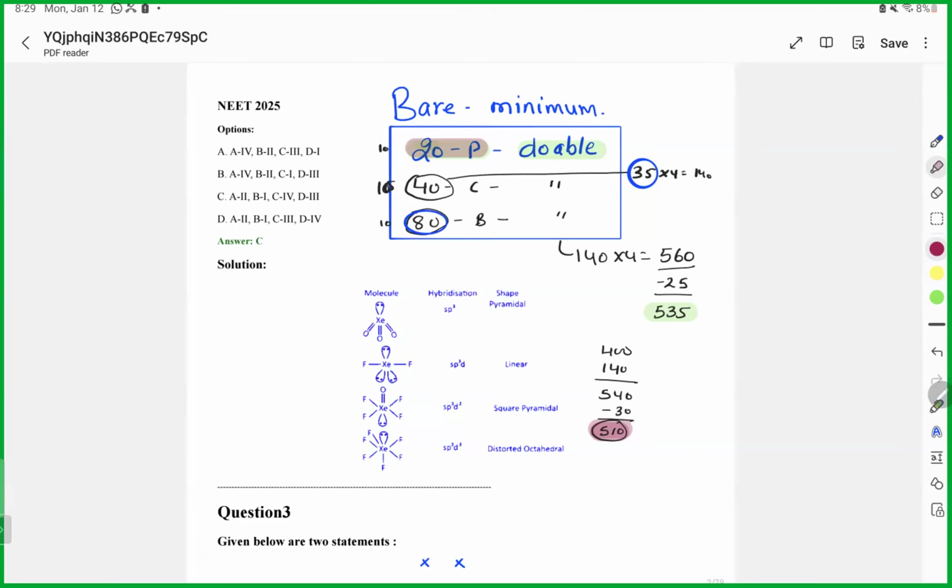So if a student is not getting this, it is not because there is heavy competition. It is 100% student mistake. Make sense? 100% student mistake. Do you agree? Yes, sir.